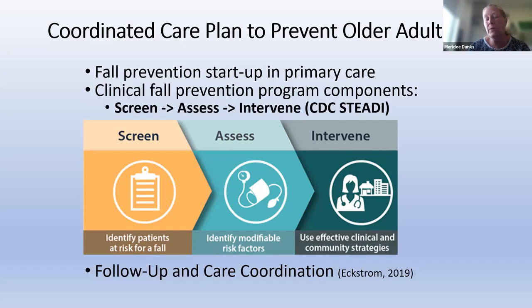So if we know the people that have a higher risk, we know if we need to further assess them or refer them for intervention of some type. If we screen them and they're doing pretty good, we can educate them on ways to prevent falls. There are different programs out there that will do that.